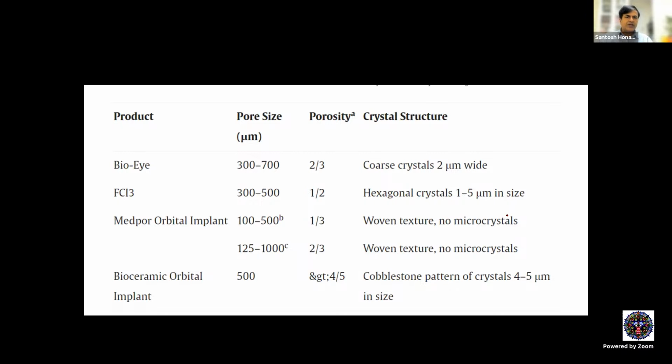There is always a range to the pore size, and the structure of the pore is also totally different. Some pores are circular, some are cavitary, some have microcrystals, some are hexagonal, some are cobblestone patterned. All that is listed in this chart. But basically, you should realize that pore size is an important consideration for integration of the implant.